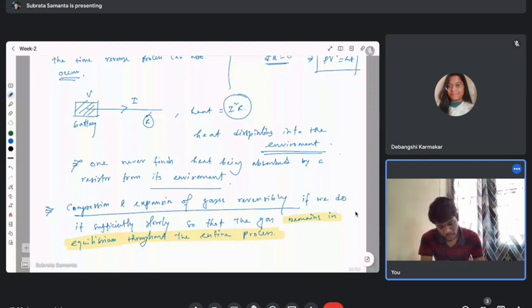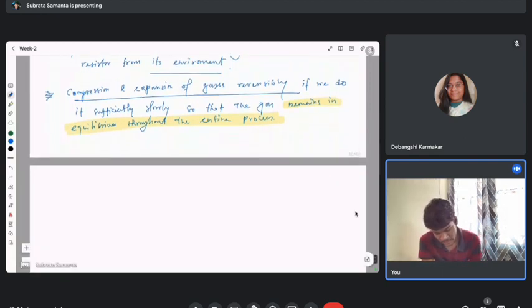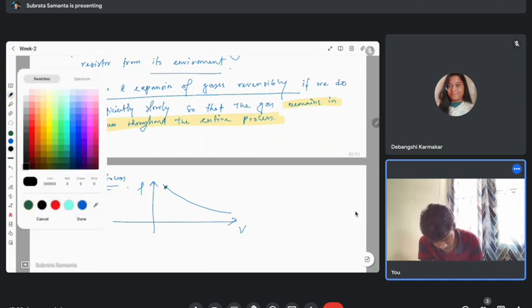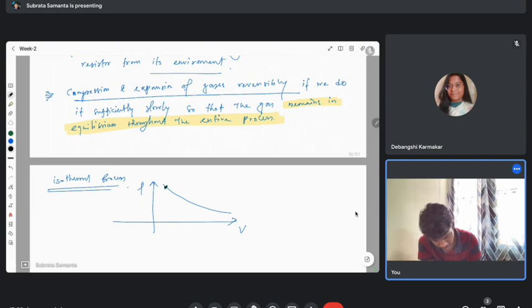So let's say we are saying that this is an isothermal process. At this point, the pressure is P1 and the volume is V1.